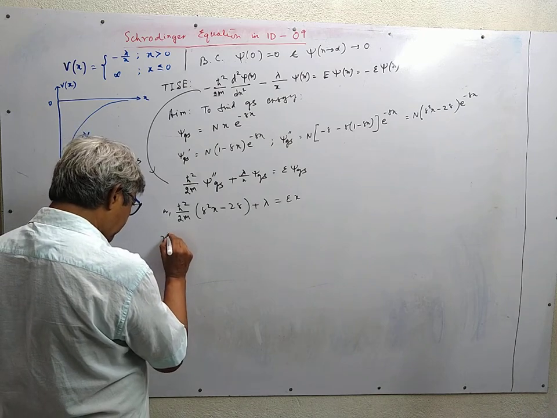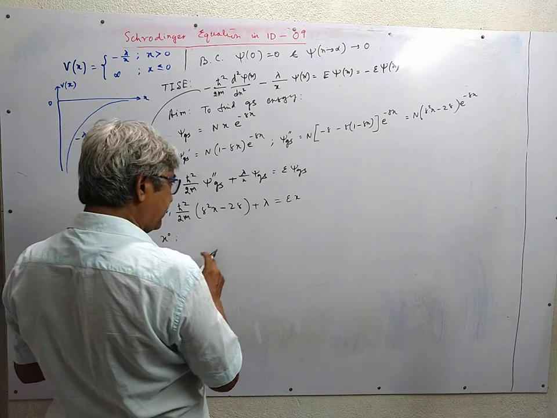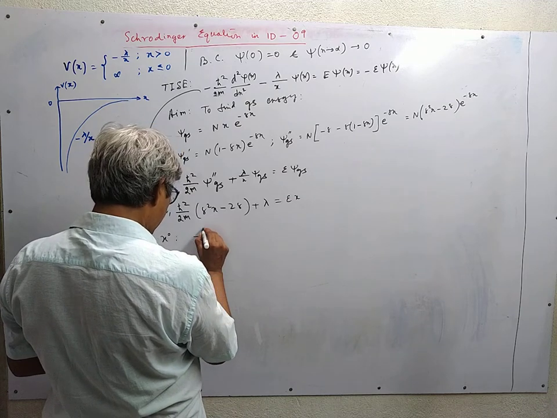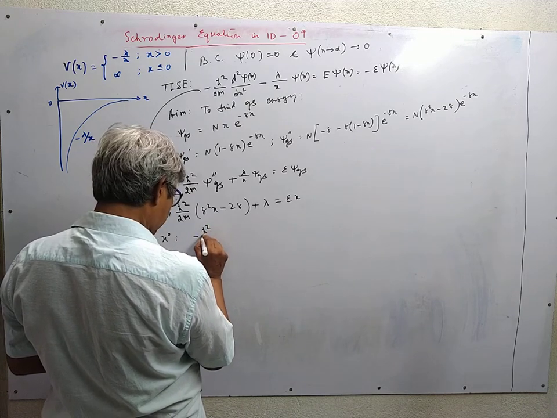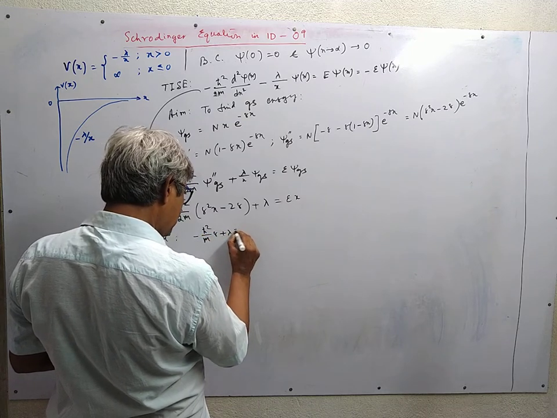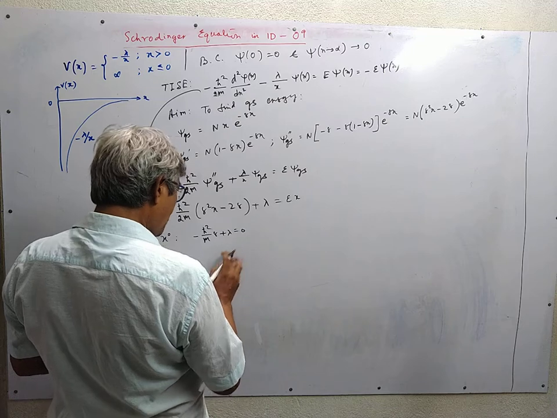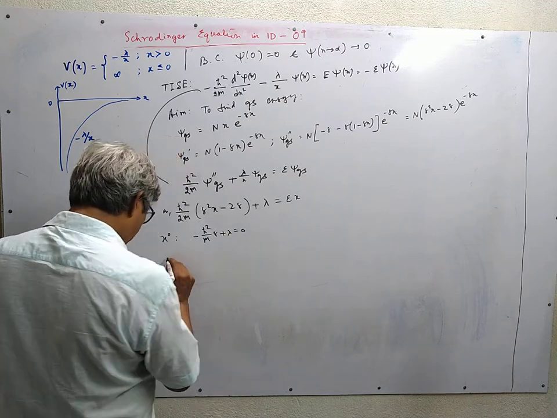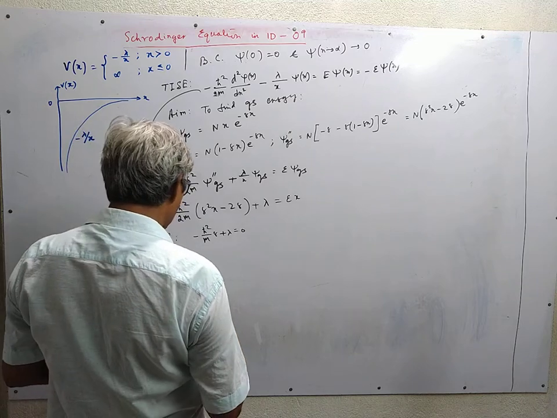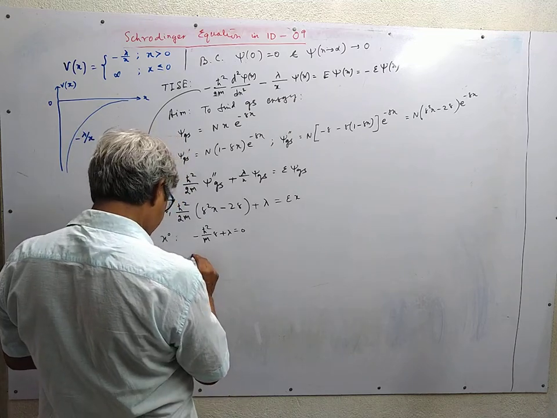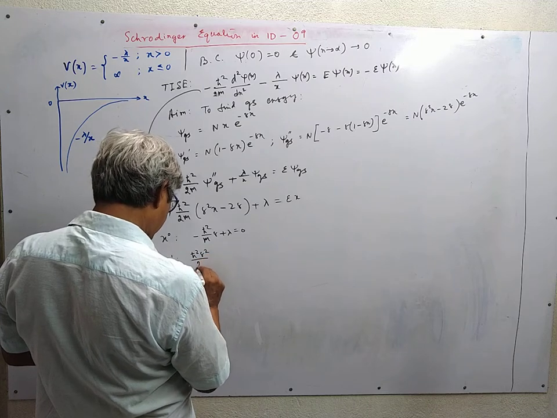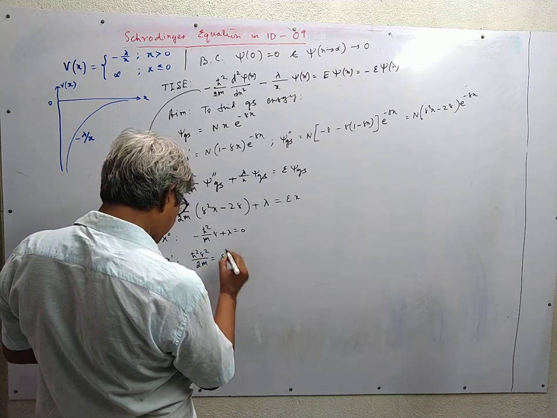The coefficient of x to the power 0 gives minus h bar square by m, gamma, plus lambda is equal to 0, and the coefficient of x to the power 1 gives you h bar square gamma square by 2m is equal to epsilon.